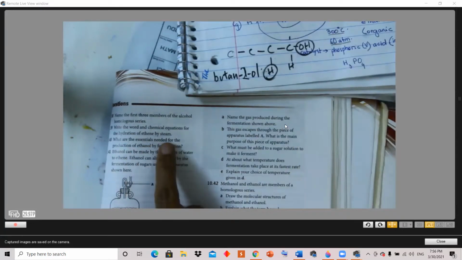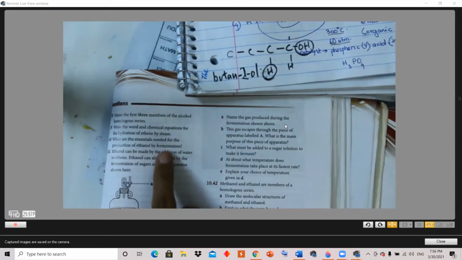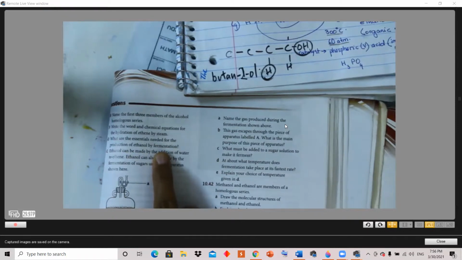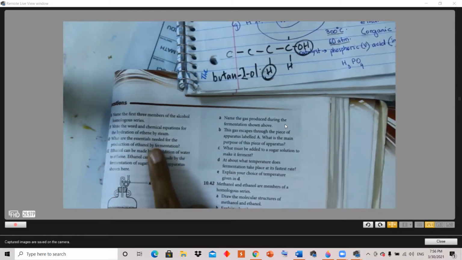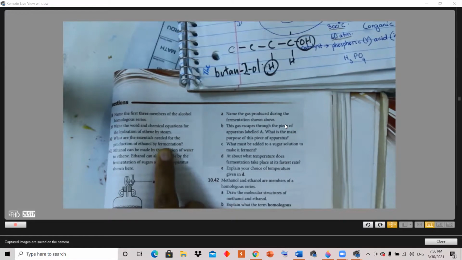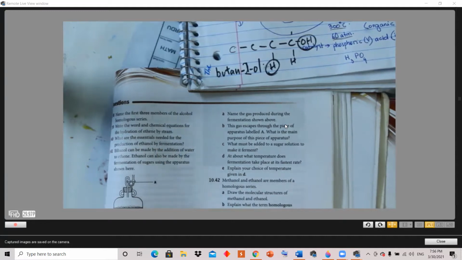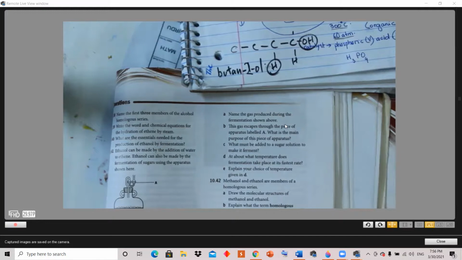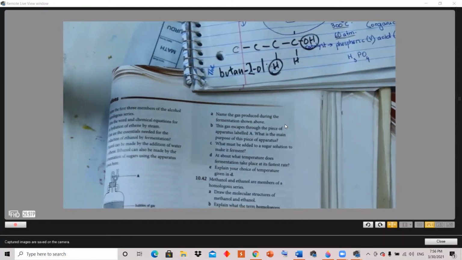What are the essentials needed for the production of ethanol by fermentation? What material is required? You need glucose, very good. You need yeast. A closed container. And the temperature should be room temperature.